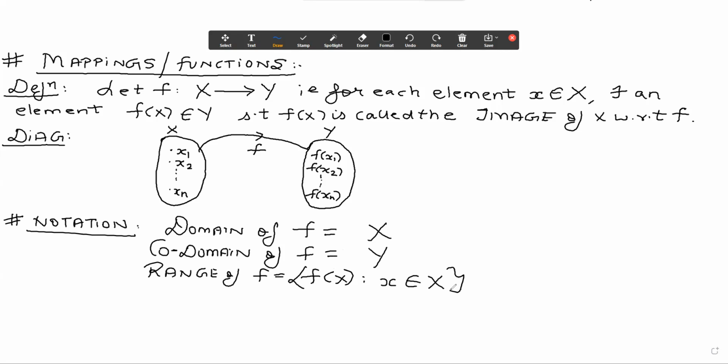The point to understand here is, what is the range? Range is the elements in Y which are receiving the arrows from X. I repeat, range consists of all those elements in Y which are receiving arrows from X. Another way of saying it, all elements in Y which have a pre-image in X. So I can say that range is a subset of the codomain.